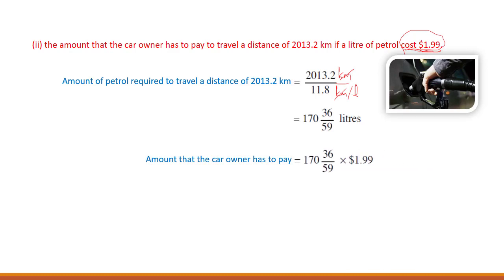We will convert the mixed fraction into an improper fraction. So multiply 59 by 170 and then add 36 to it, and the answer will be 10,066 divided by 59. We will multiply it by 1.99 and the answer is $339.51.